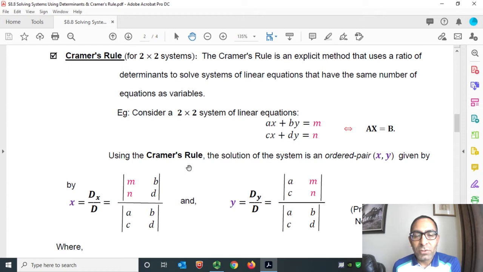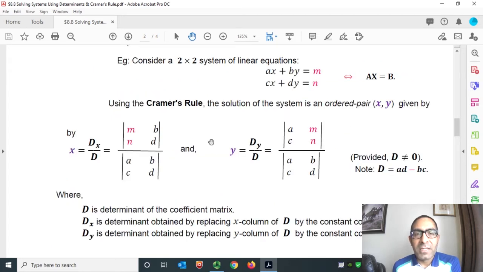Using Cramer's rule, the solution of the system is an ordered pair (little x, little y) given as follows. Little x equals the ratio of determinant Dx over determinant D. The determinant in the denominator is simply the determinant of the coefficient matrix whose entries are a, b, c, d.